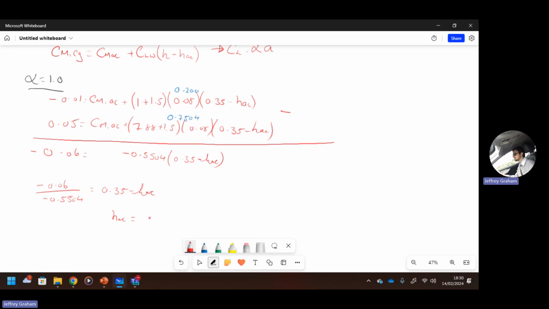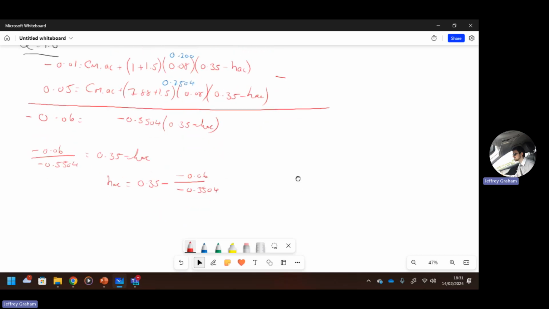So we're going to get 0.35 minus negative 0.06 divided by negative 0.5504. Right, that should give you, in terms of the chord length, the aerodynamic center to be 0.241.